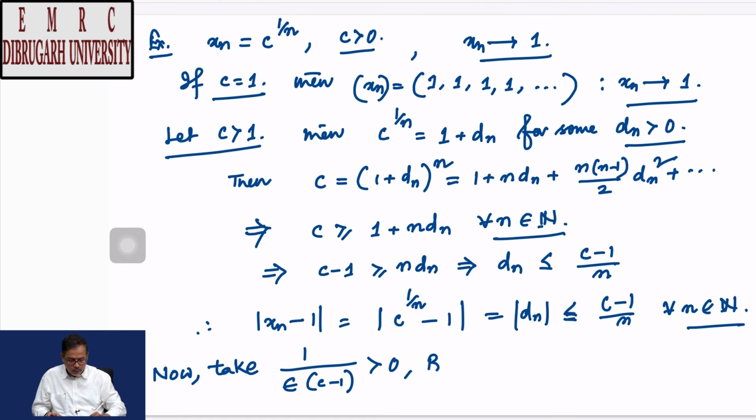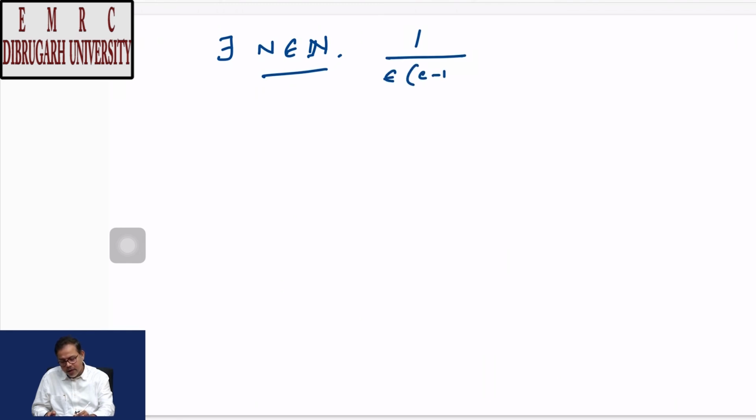Then by Archimedean property, there exists a capital N in the set of natural numbers such that 1 by epsilon into (c minus 1) is less than N. This is just a trick to get the convergence finally in its desired form.